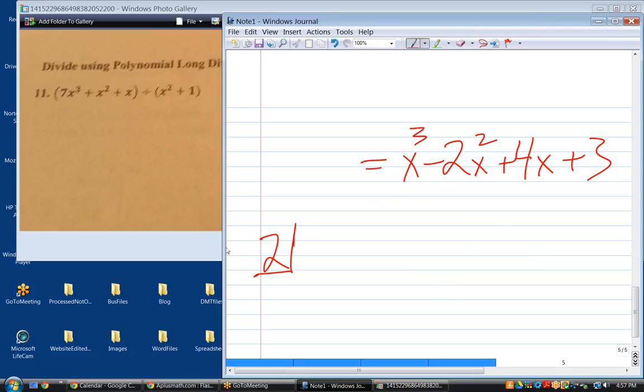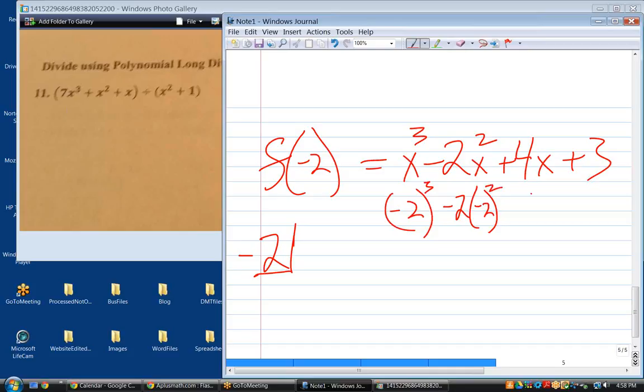So if we evaluate it at -2, well, that actually is significantly easier to use synthetic substitution. Notice that if I wanted to evaluate f of -2, I'd have to go in there and do this. All those negative signs are kind of a nightmare. Okay, what does that give you?